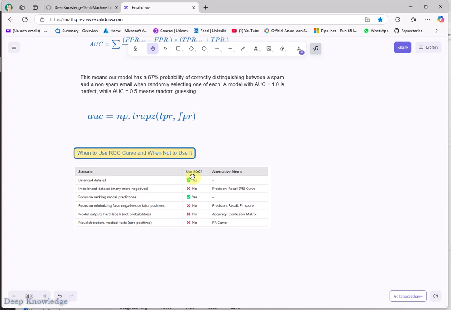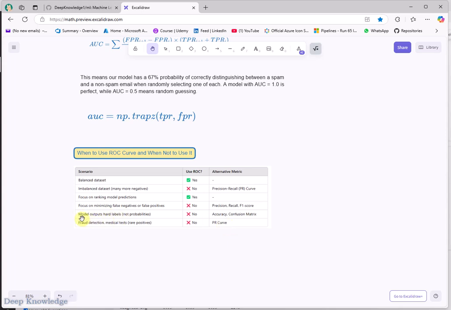If you have an unbalanced data set, don't use ROC because it will give you a misleading result or performance. If you have a balanced data set, you can use it. If you have an imbalanced data set, try to use recall or precision.